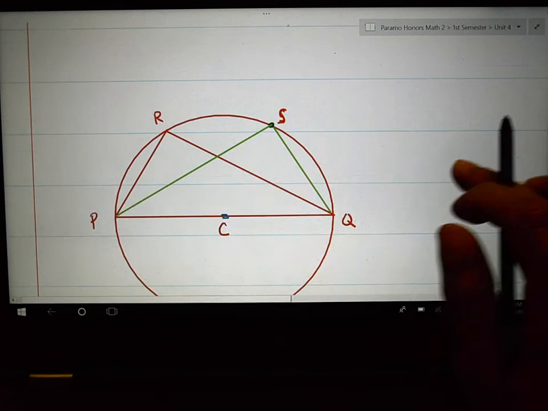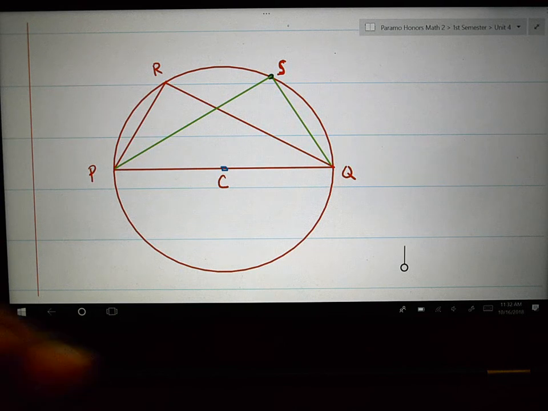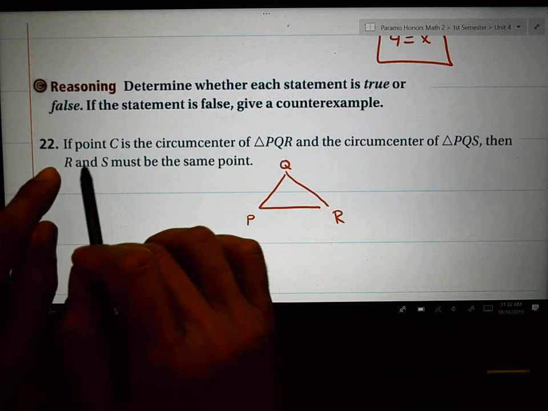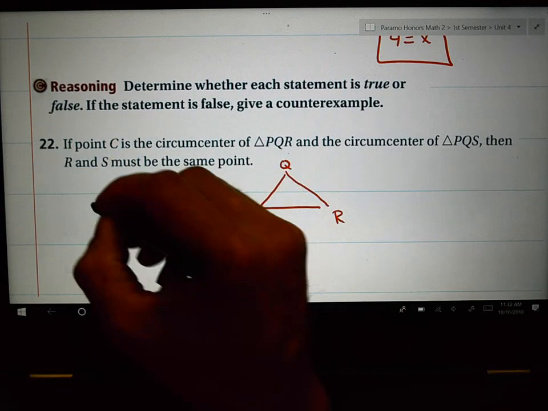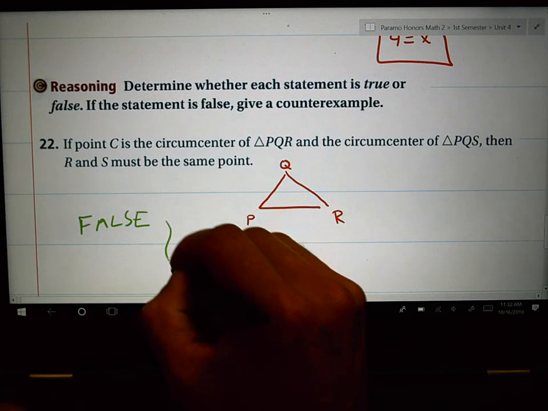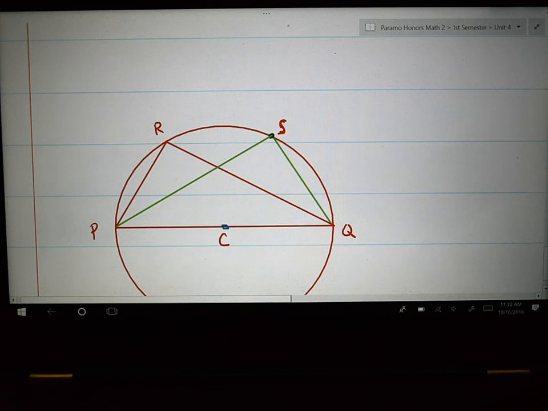Yes. Are R and S the same point? Are they at the same location? If point C is the circumcenter, so as this says, determine whether it's true or false. It is false because of the example that I created down here. I'm going to stop your notes right there.